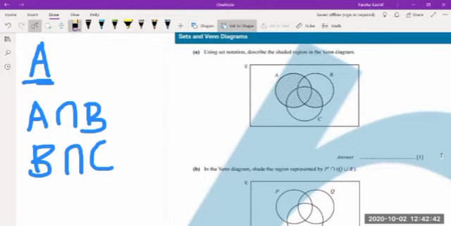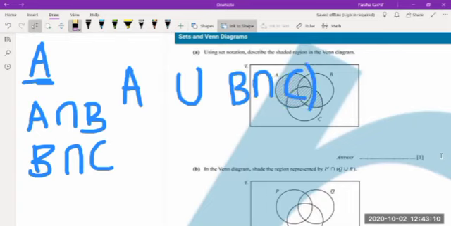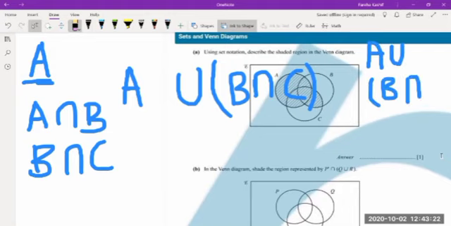I'll say that I need to find the union of A, the whole set A, where B and C are intersecting. So does this fulfill that? Let me write it down again over here. The union of A with B intersection C.